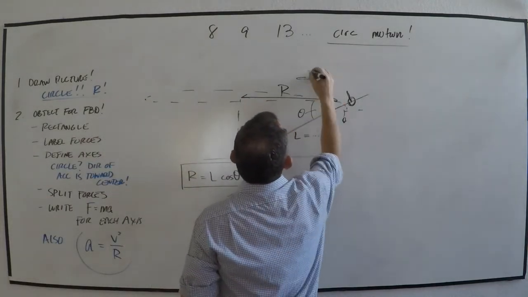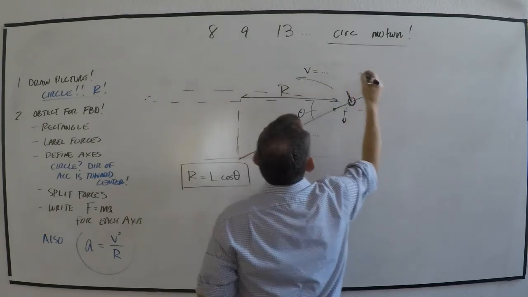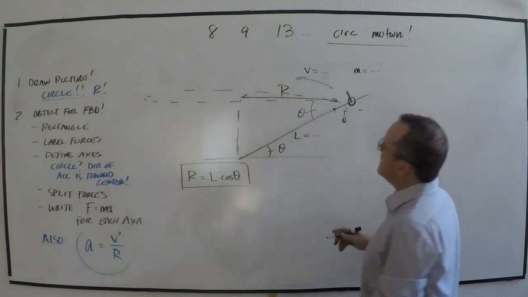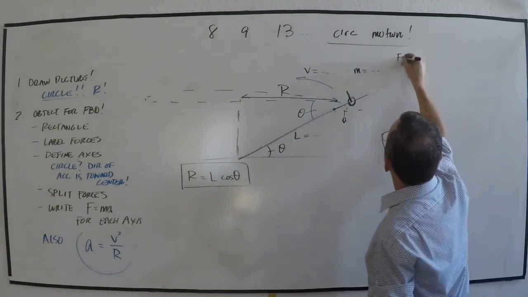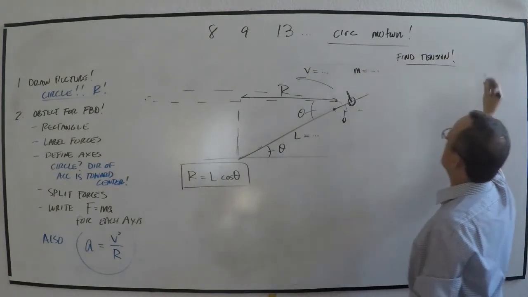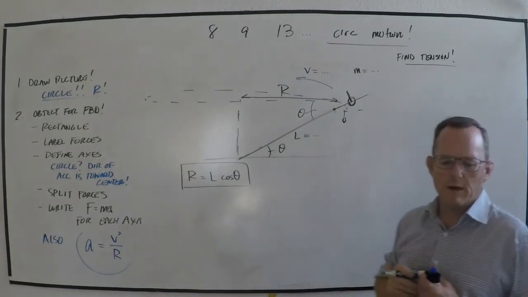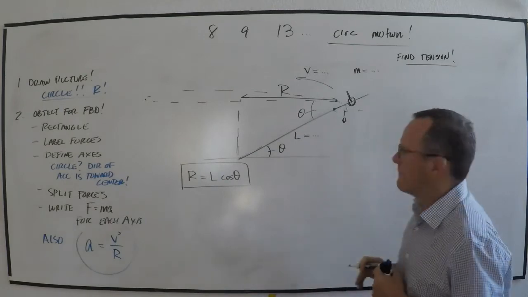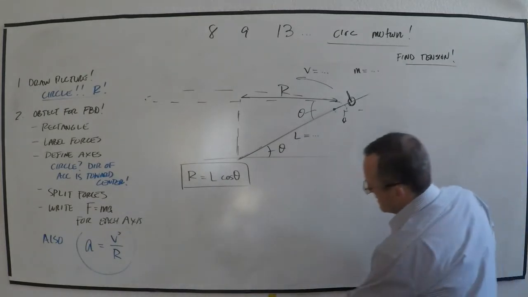So he's going around with speed 35 meters per second, and they give you his mass, and they want you to find the tension. It's a force problem. How do we do this? Follow the rules.